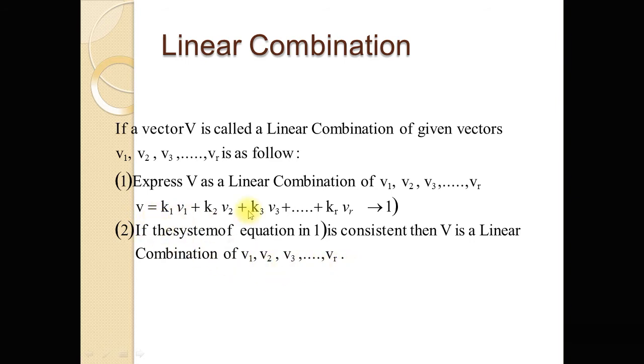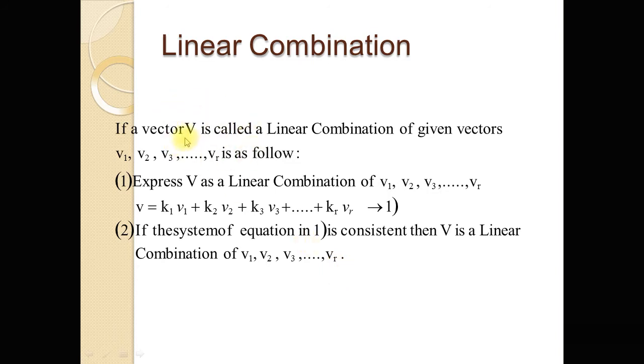So if the system of this equation has at least one solution, then the system is called consistent, and in that case vector v is a linear combination of vectors v1, v2, v3 up to vr. And if the system has no solution, then v cannot be expressed as a linear combination of the other vectors v1, v2, v3 and so on up to vr.